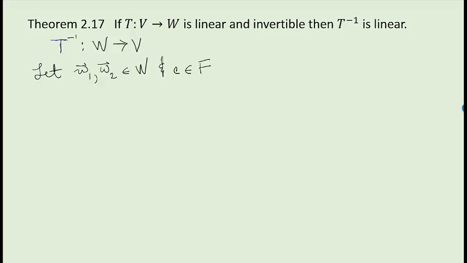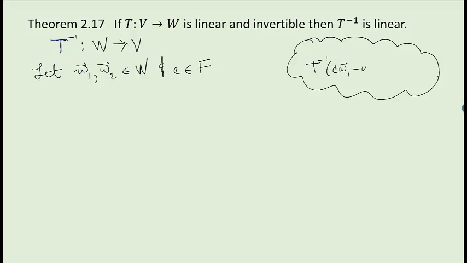What we want to show is that T inverse of CW1 plus W2 is equal to C times T inverse of W1 plus T inverse of W2. That's what we hope to show.